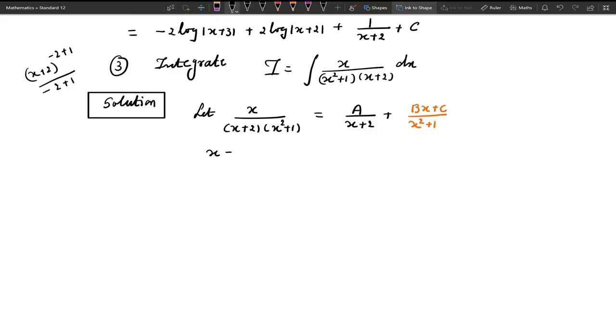So x equal to a into (x square plus 1) plus (bx plus c) into (x plus 2). Say this is equation number 2.